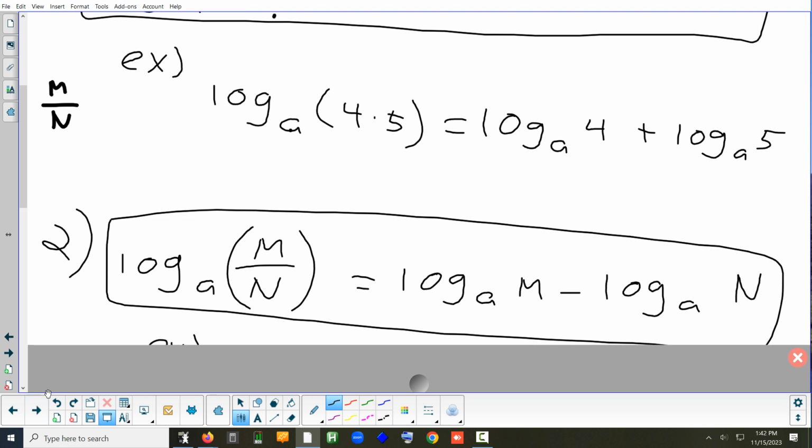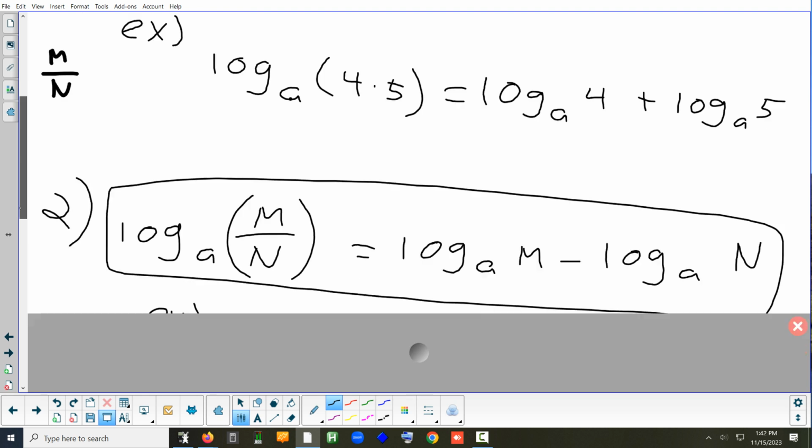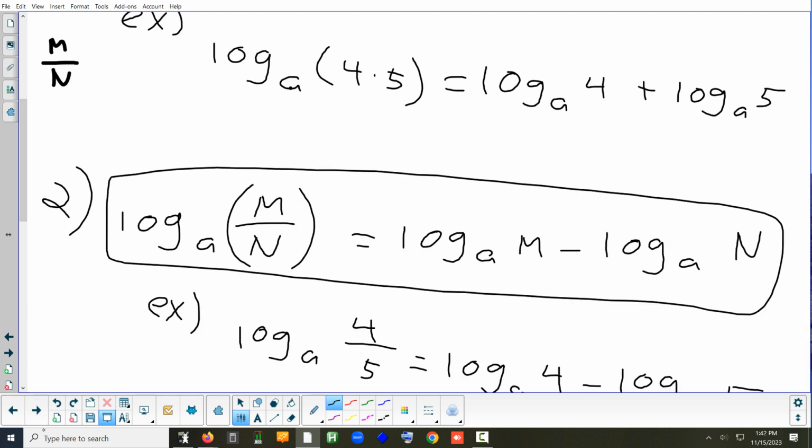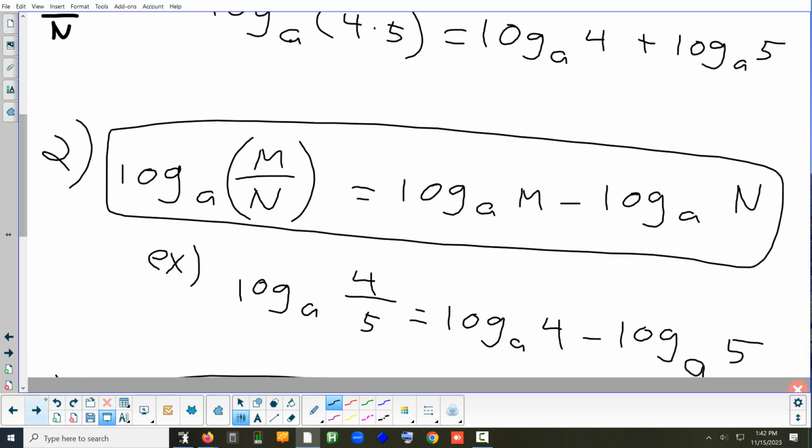The order that you subtract is important. It has to be the log of the top minus the log of the bottom. So there's an example with numbers. If you had the log of 4/5, you could write that as log 4 minus log 5.